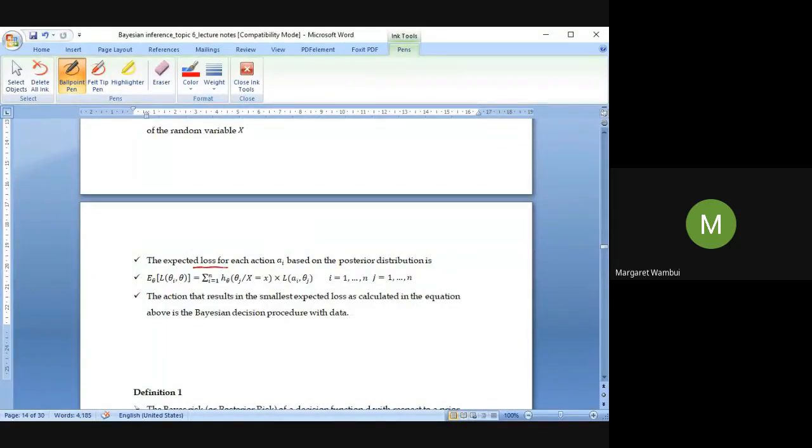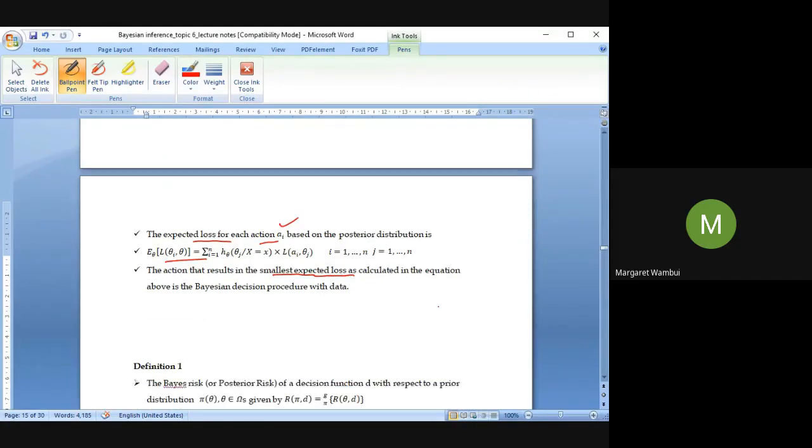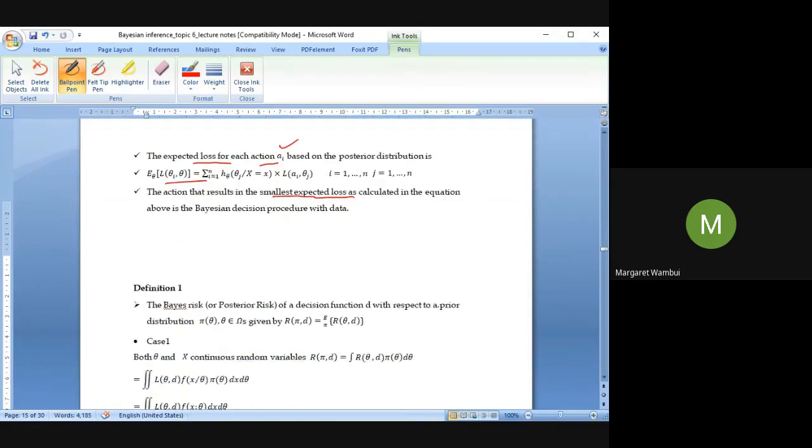So we say that the expected loss for each action, because now you are taking each one of them individually, computing individually, and then after that, you can compute the expected value for each. Then from there, you will take the action that results in the smallest expected loss, as calculated in the equation above in the Bayesian decision procedure with data.